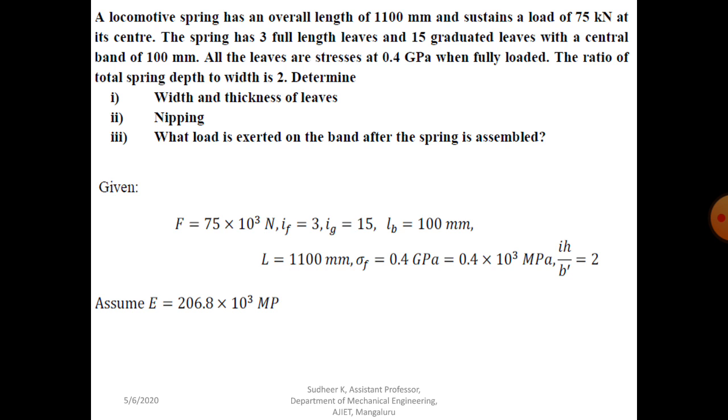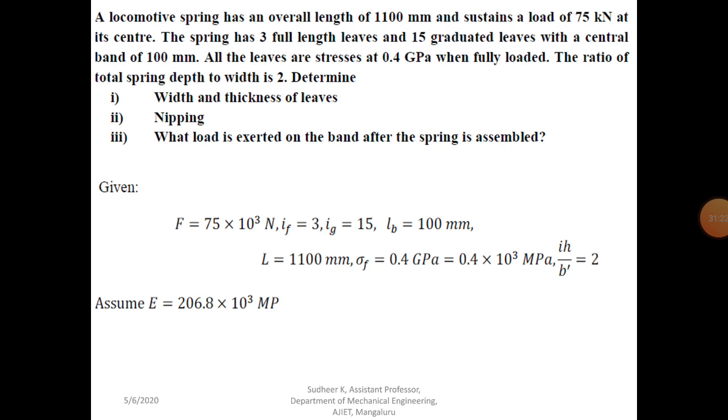So sigma F denotes the stress in the leaves, equal to 0.4 GPa. You have to convert into megapascal, so that is 0.4 into 10 to the power 3 Newton per millimeter square, or 0.4 into 10 to the power 3 megapascal.